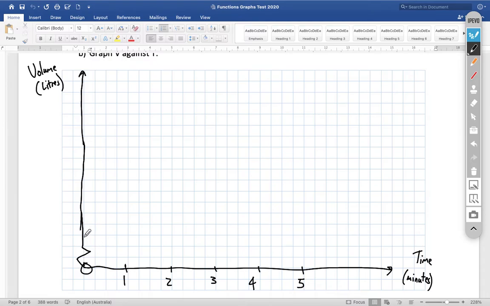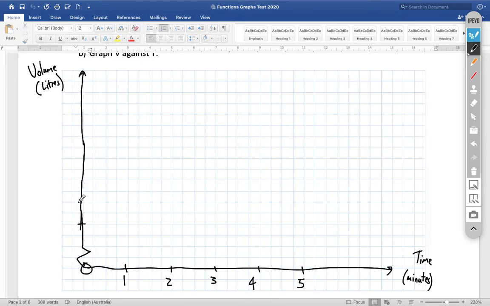I've got to think. The lowest value was 2,850, and I've got to go up to 3,000. So now I'm thinking, well, maybe if I start here, what if I went 2,800, 2,850, 2,900, 2,950, 3,000?